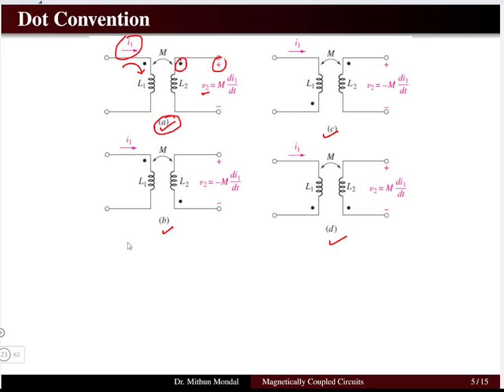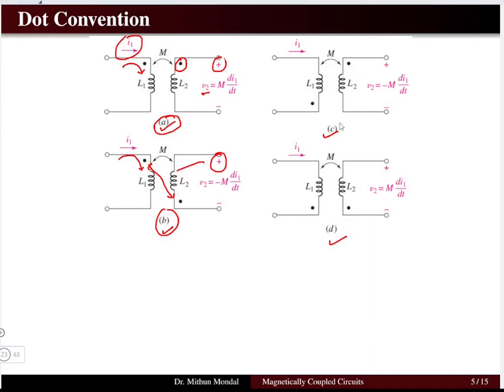We will understand this dot in more detail a little bit later, but let us observe the circuit first. In the second case, the dots are opposite to each other, so it is diagonal, so the current is entering the first dot, whereas the positive voltage is in the non-dot position.